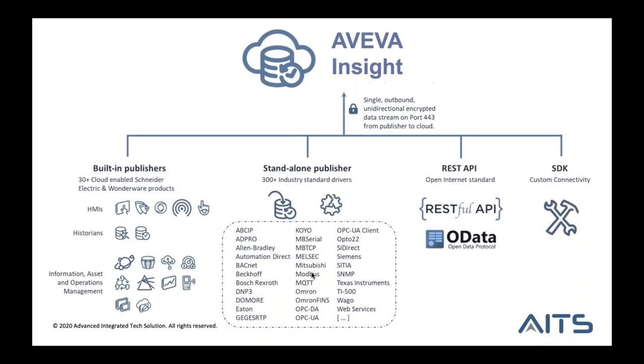So this could be an AVEVA application, or it could be a non-AVEVA application. So any HMIs gathered from other vendors also can be considered as a data source for the AVEVA Insight.